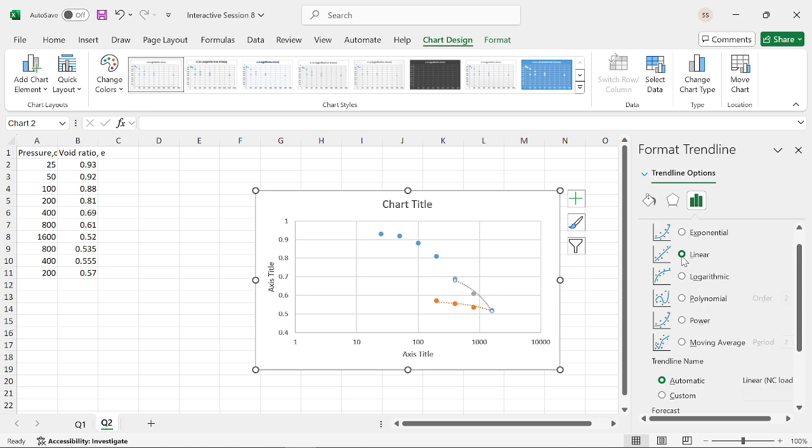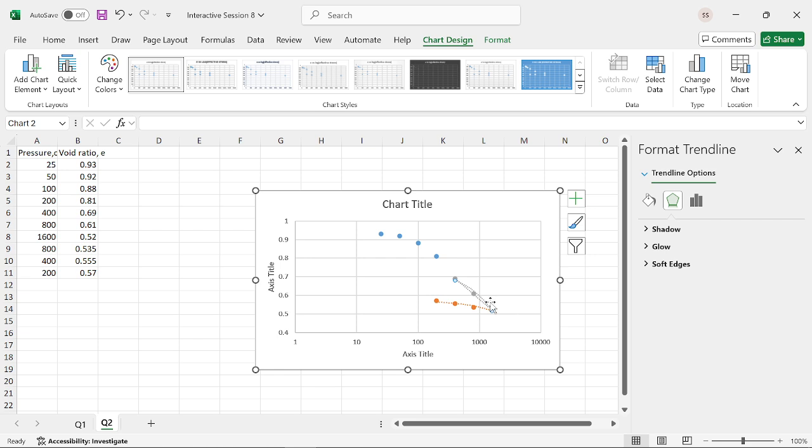It has to be logarithmic because this graph is logarithmic.